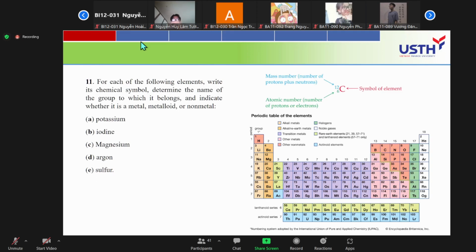The next one is related to defining chemical symbols, the name of the group to which they belong, and whether the element is a metal, metalloid, or non-metal.